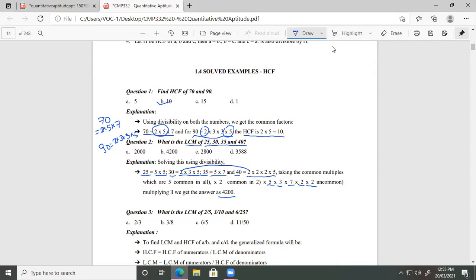So we will get 5 into 3, which is 15, 15 into 7 is 105, into 2 into 2, that is 4200. Okay, 4200.